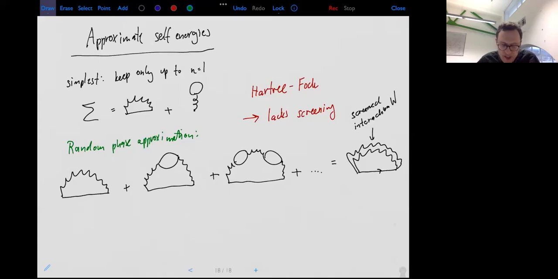So you can convince yourself that these diagrams are the dominant ones when you're dealing with a high density system, a system where you have a high concentration of electrons.